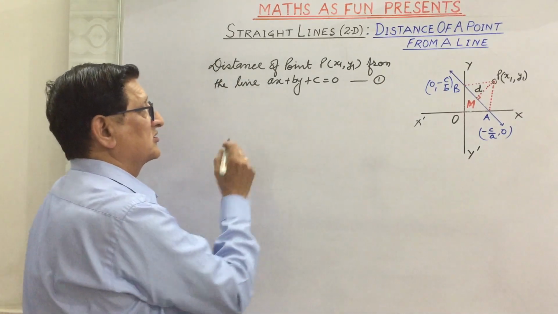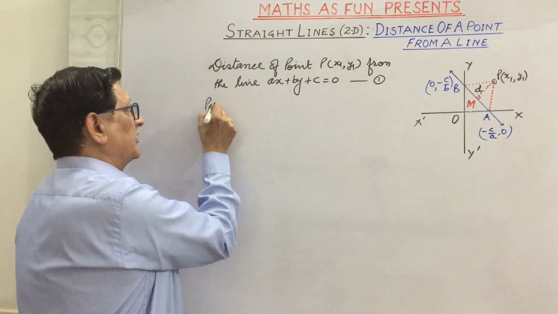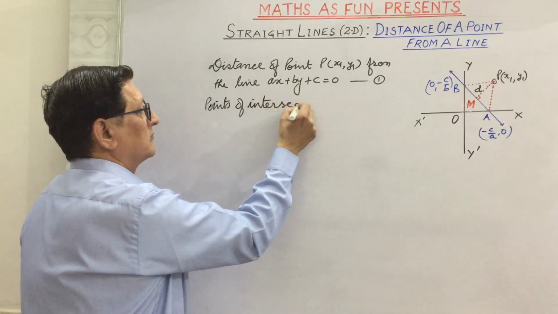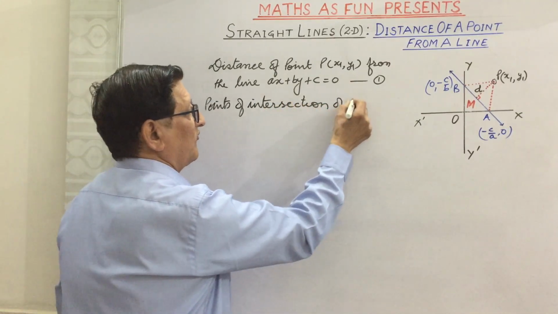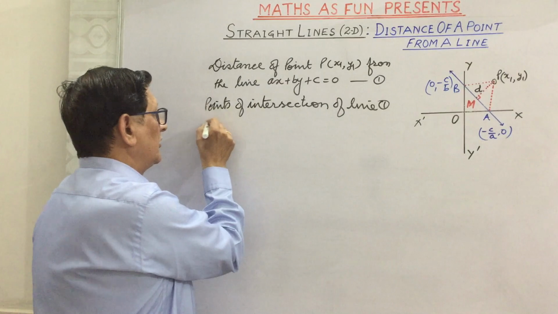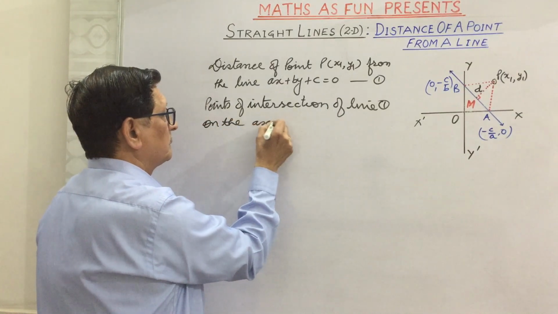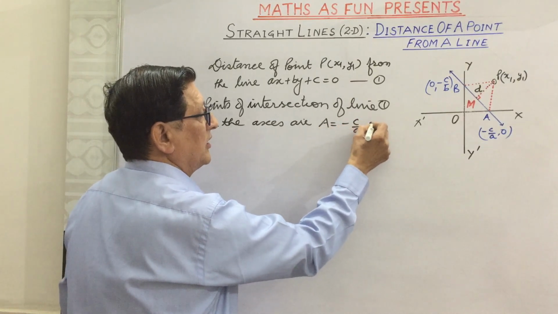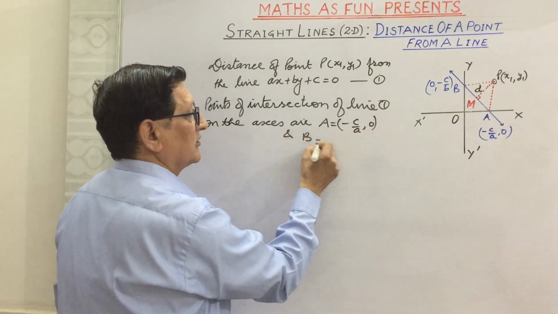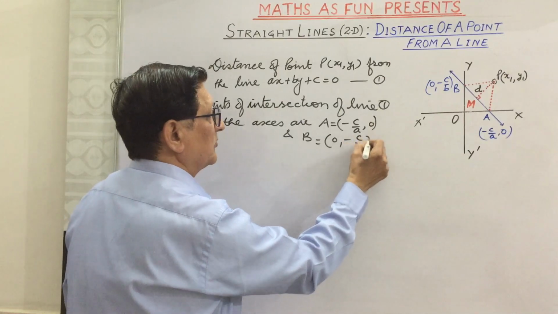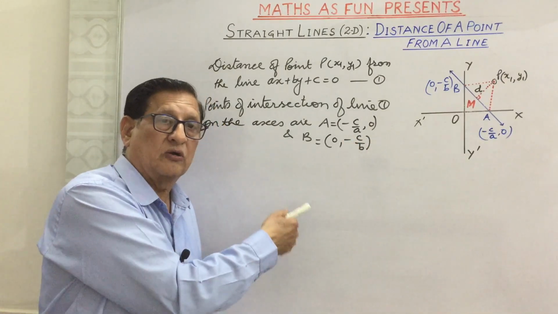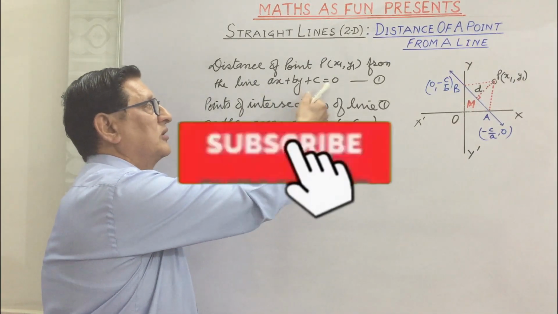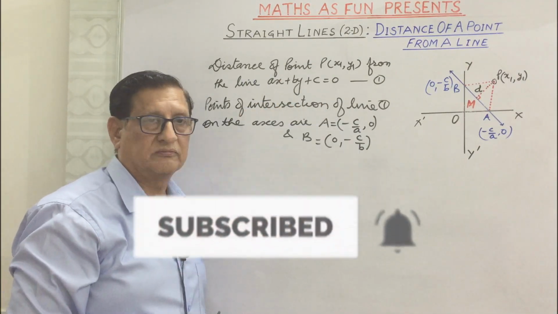For the point of intersection, we can see the points of intersection of line 1 on the axis are A, that is minus C upon A, comma 0, and B, that is 0, comma minus C upon B. This we have already learned how to find out when we transform this particular line in the intercept form.